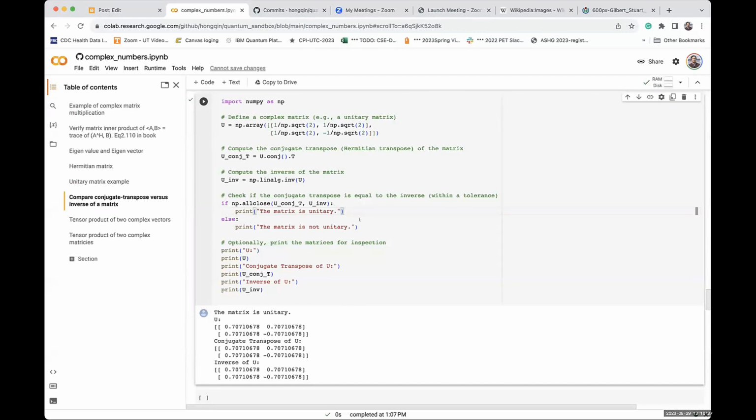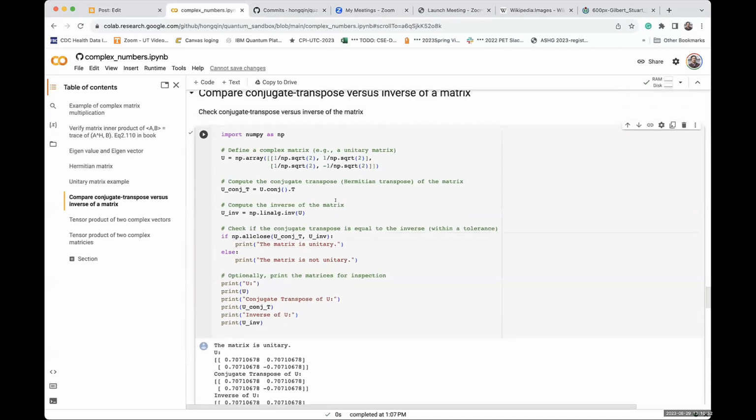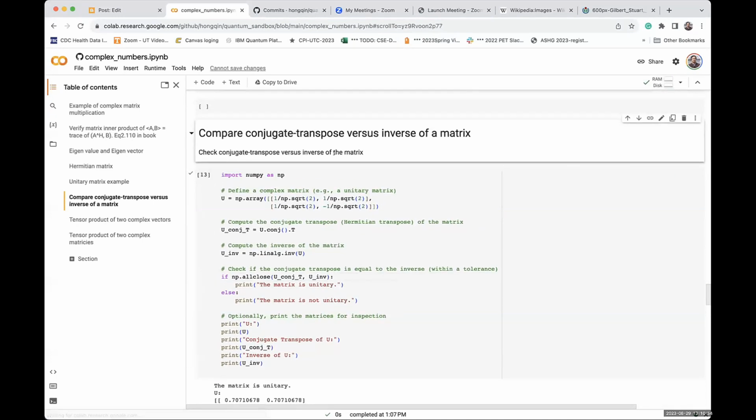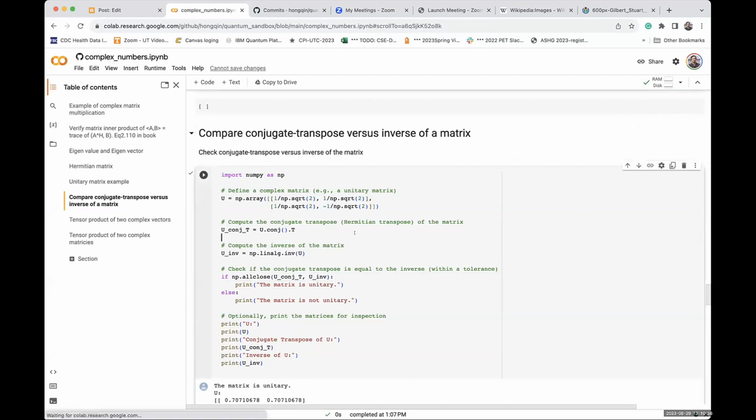Oh, I see. Only for a unitary matrix, the conjugate transpose and inverse are the same. So maybe this does make mathematical sense. For a moment, I thought this was wrong. I guess for a unitary matrix, that condition is always satisfied.